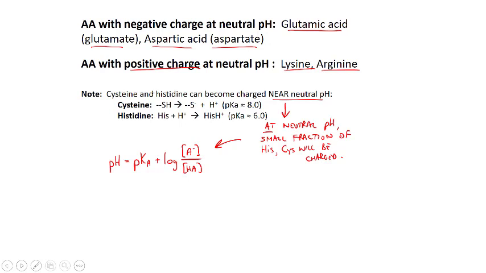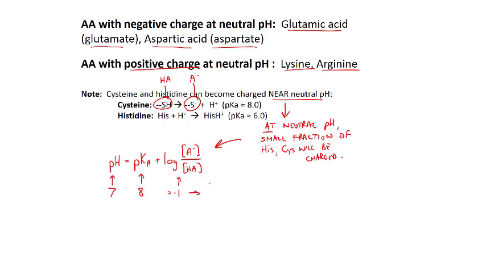Let's take a look at cysteine. So for cysteine, this would be our conjugate acid form, and the S- would be the conjugate base form. So if we're at a pH of 7 and the pKa of cysteine is 8, what is that telling us? Well, what that's telling us is that the log of A- over HA must be equal to -1.